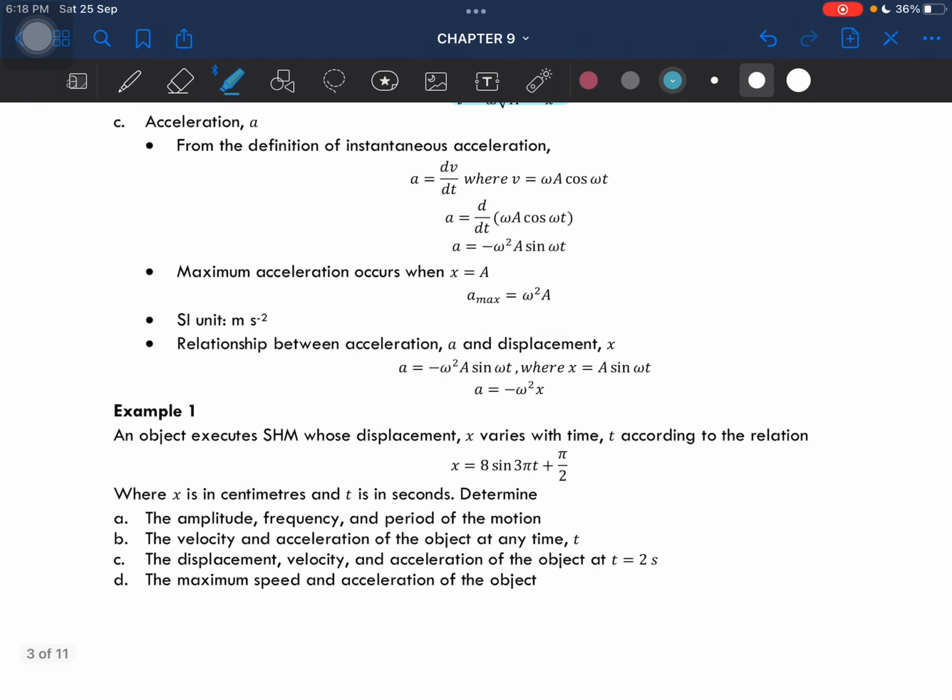Acceleration is the rate of change of velocity. So now we substitute v and derive this equation to get the equation for acceleration.